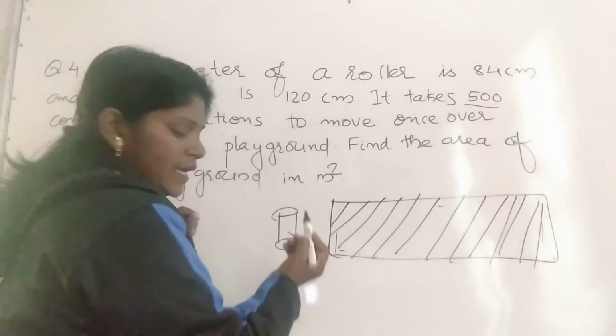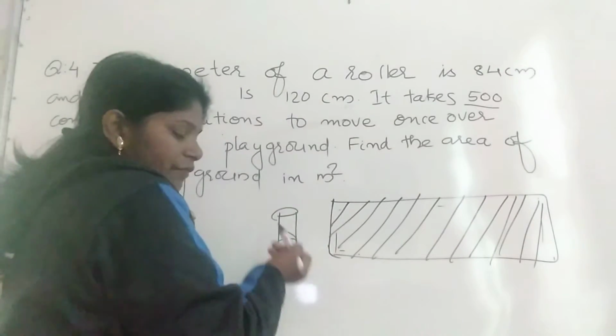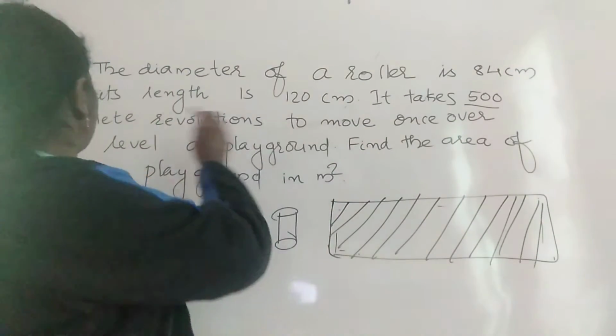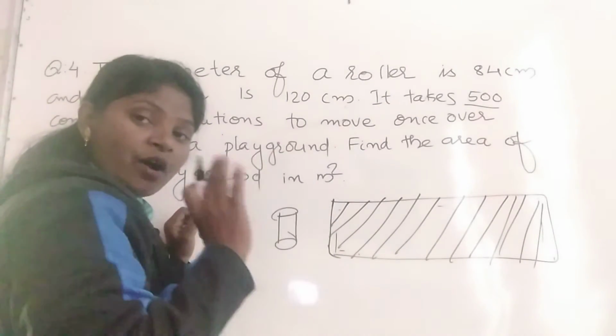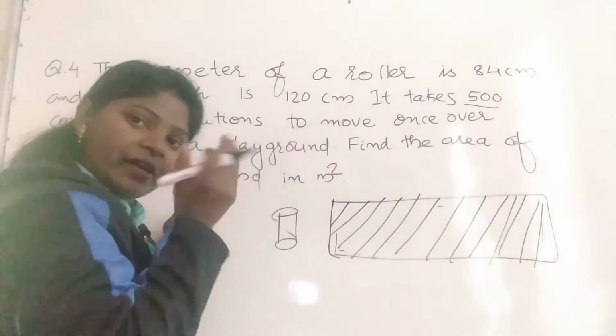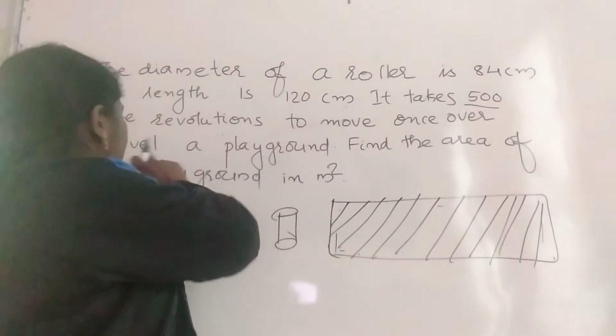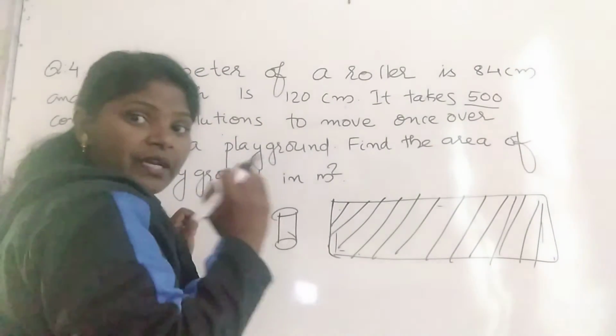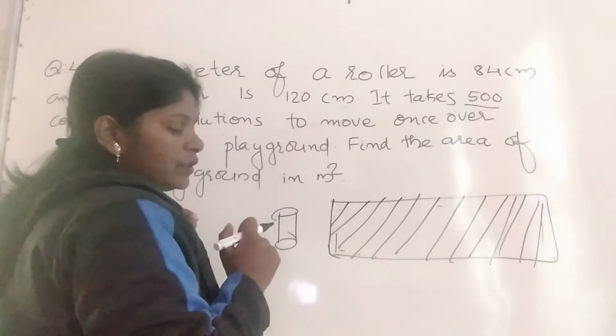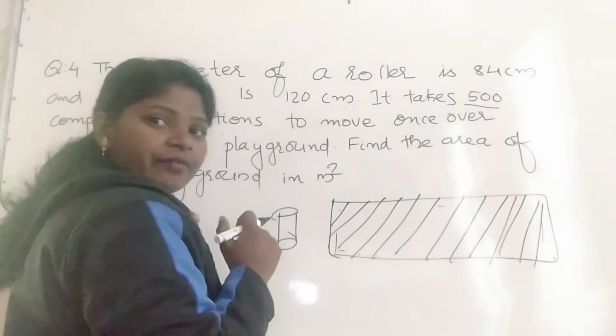What is the hint here? By 500 revolutions of the given roller, the whole region will be covered. So, by this hint, how can we find the area of the playground?